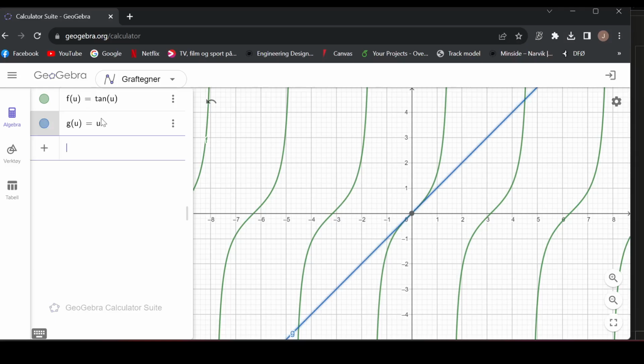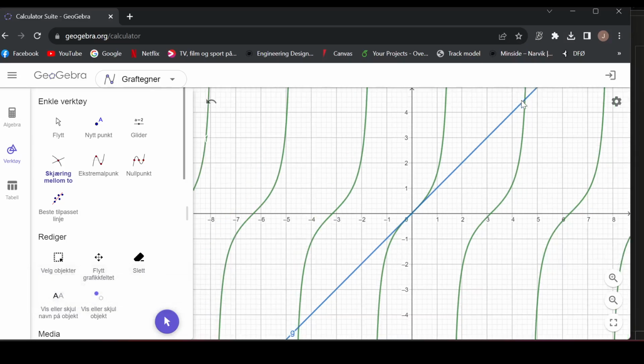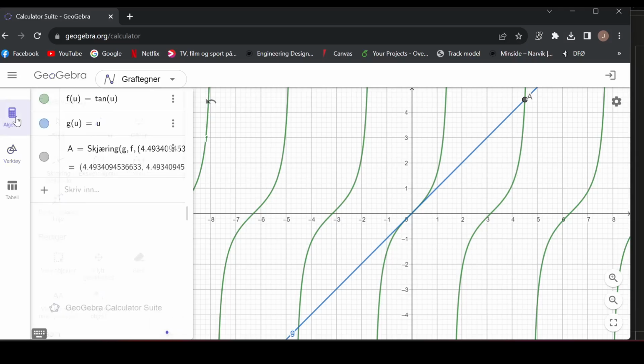I want to find out what u is when these two are equal. That happens there, for u equal to 4.4934.